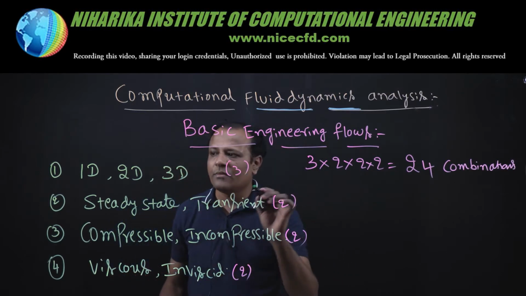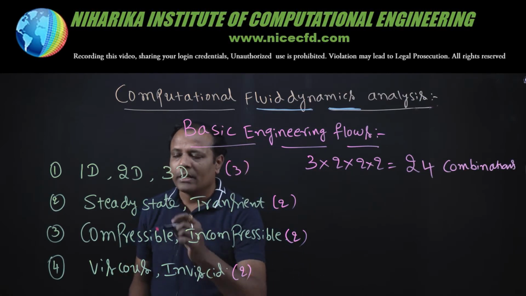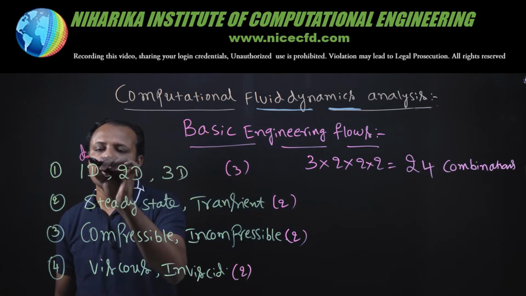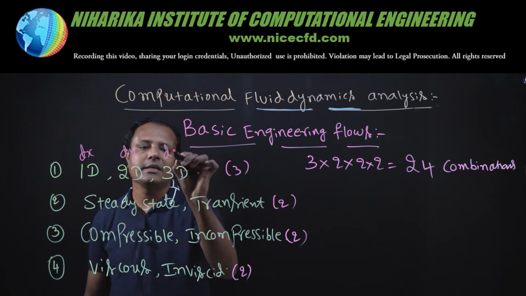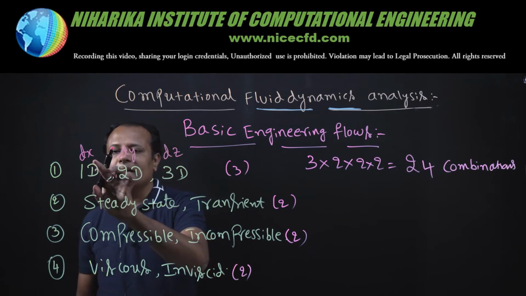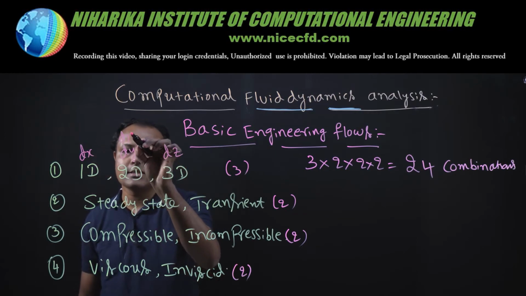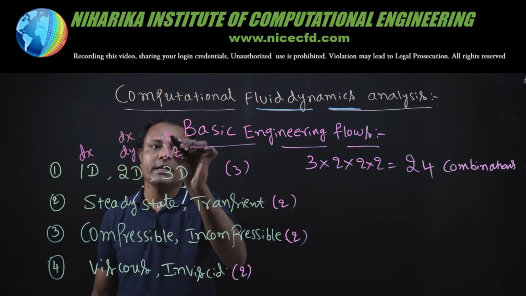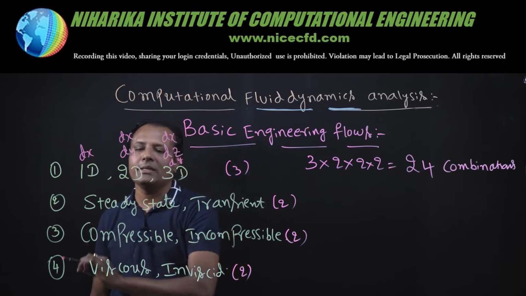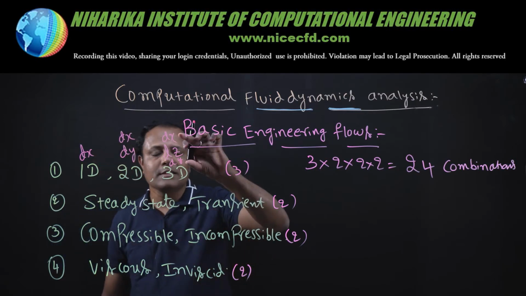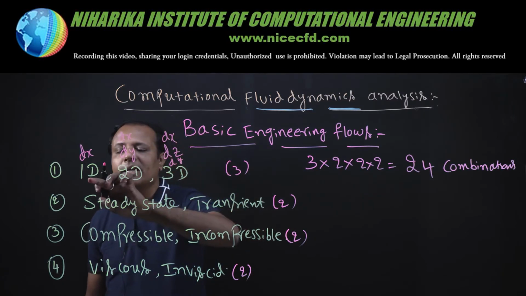Now, with respect to aspect number 1, in 1D what will be there? I will have dx, dy, dz. In 1D I will have only dx. For 2D I will have dx and dy. For 3D I will have dx, dy and dz. That means 3D contains the terms which are applicable to 2D as well as 1D.